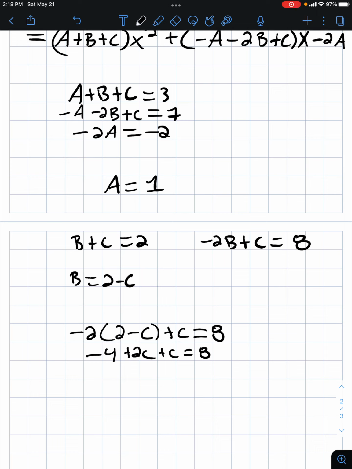This gives us 3C equal to 12, so C is equal to 4.